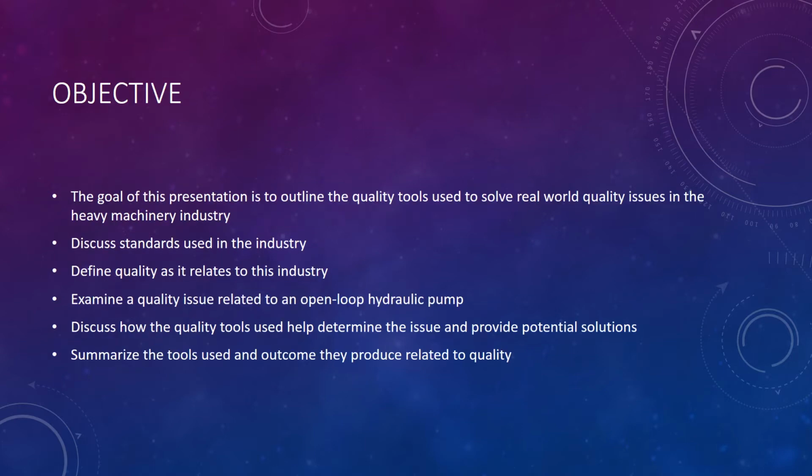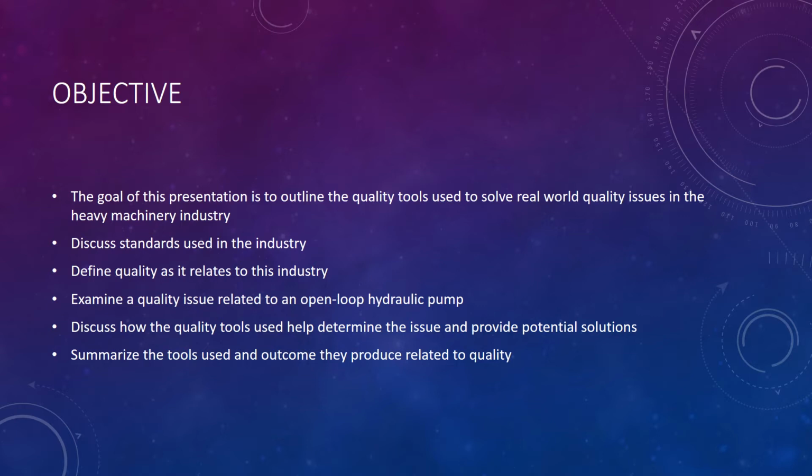So the objective of this presentation. The goal of this presentation is to outline the quality tools used to solve the real-world quality issues in the heavy machinery industry. More specifically, the product we're going to be going over is in the mining industry, so a subset of the heavy machinery industry.